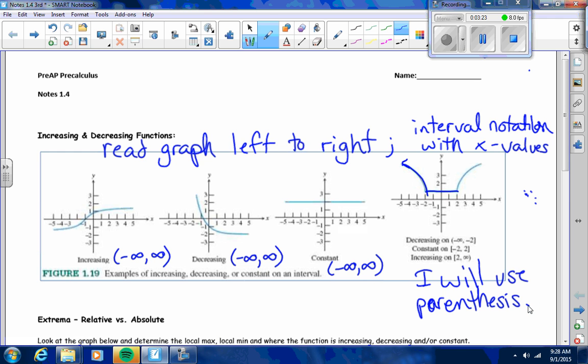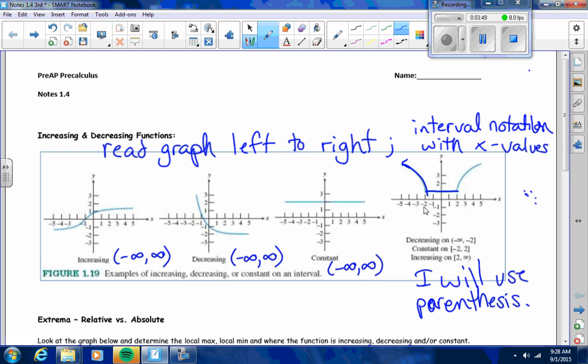Because a lot of times where there's a point where it changes, like right here at negative 2, well, it was decreasing, getting to that negative 2, but then all of a sudden from negative 2 on it was constant. So how can it be doing both things at once? So that's why I'll use parentheses. Okay, if that makes sense. All right, questions on that?